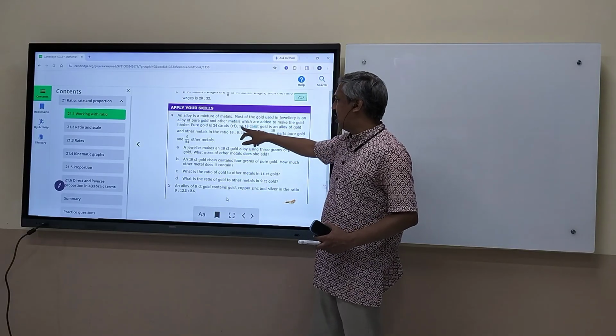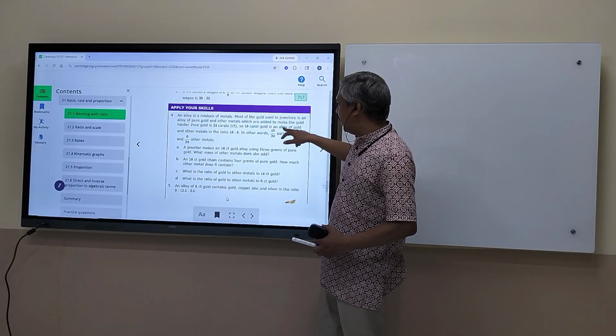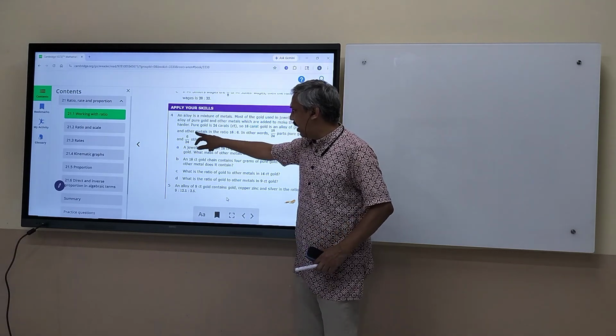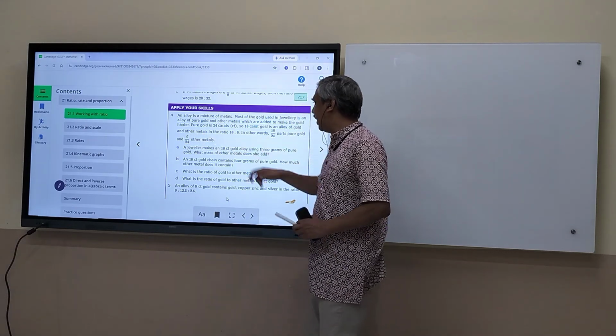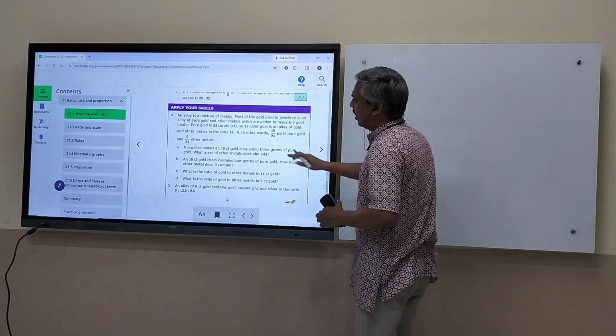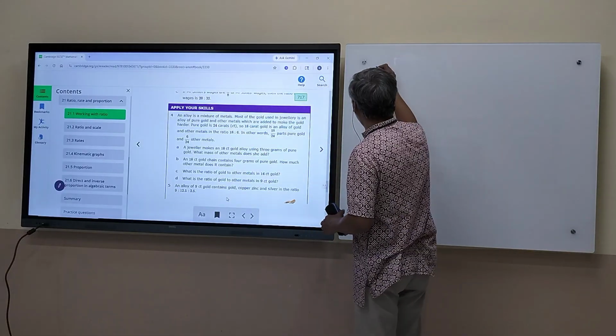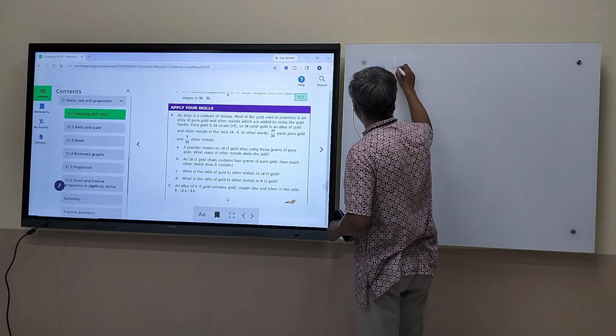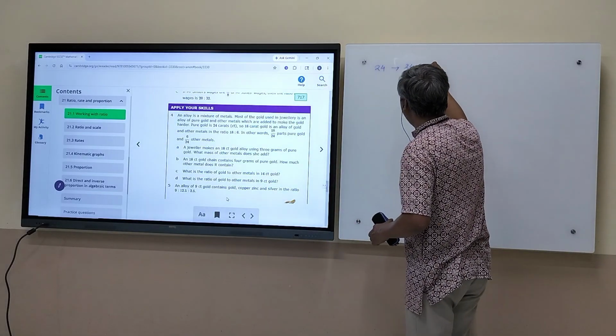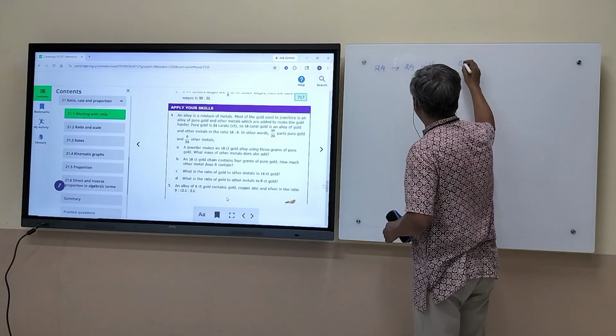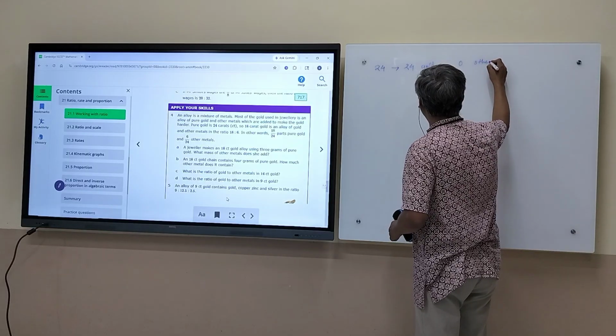We'll see. 18 karat gold is an alloy of gold and other metals in the ratio 18:6. The addition of these two must be equal to 24. So 24 karat gold is 24 gold and 0 other metals.